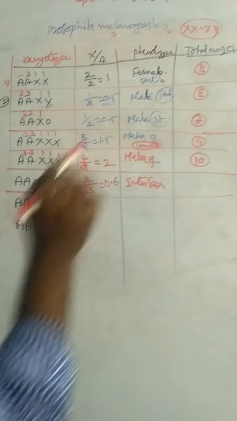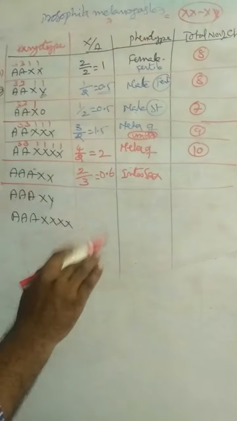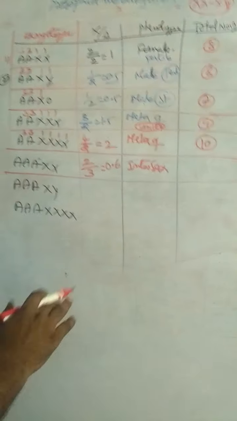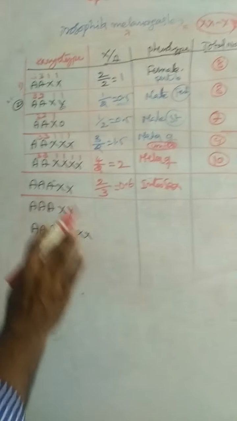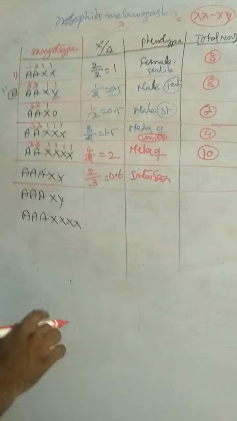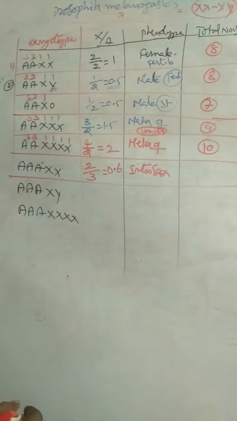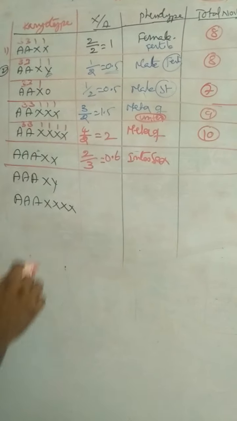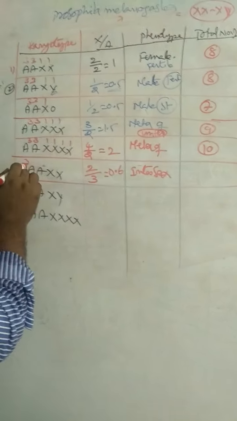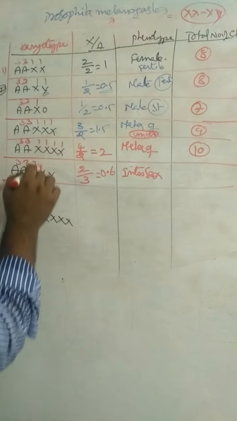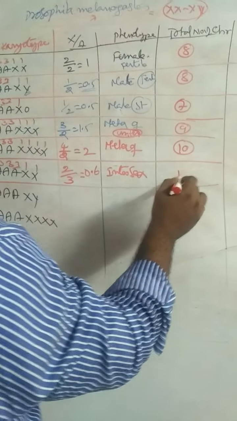This one also unfertile. Intersex, meta females, meta males, these are unfertile. Only males and females are fertile. Male with Y combination is fertile. Other than Y combination, 0.5 is unfertile. So total number of chromosomes 3, 3, 3, 9, 10, 11. Total number of chromosomes 11.